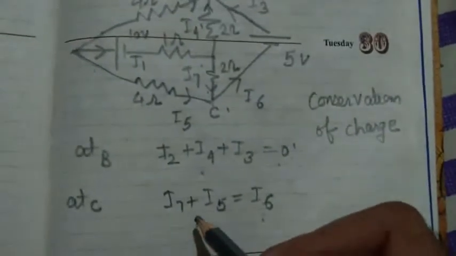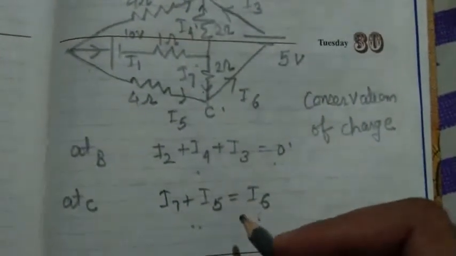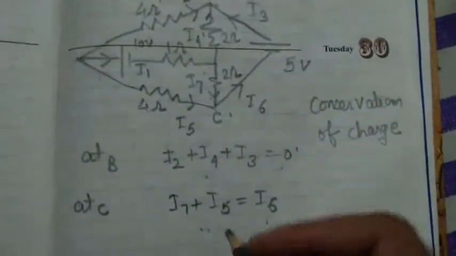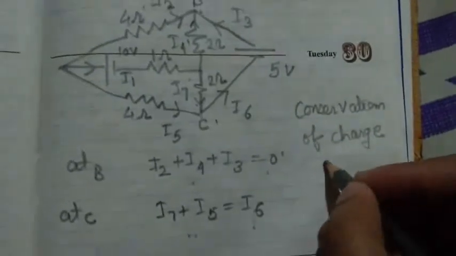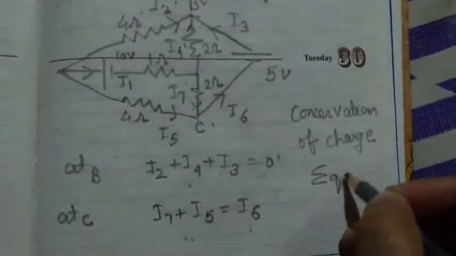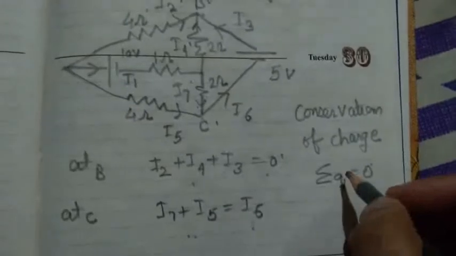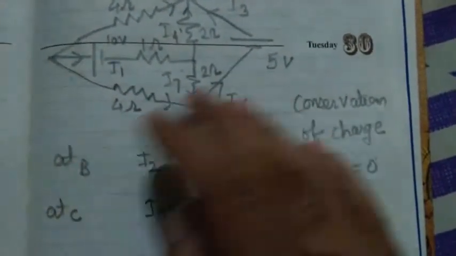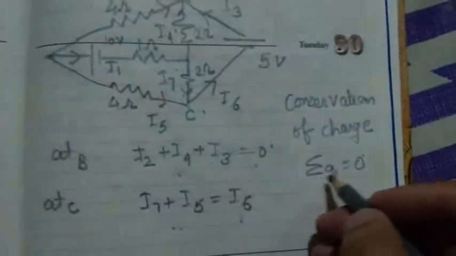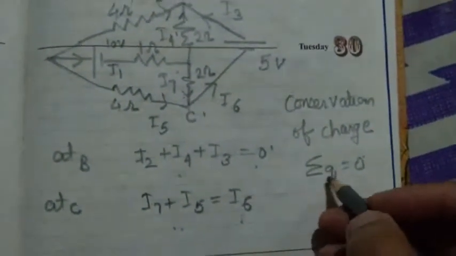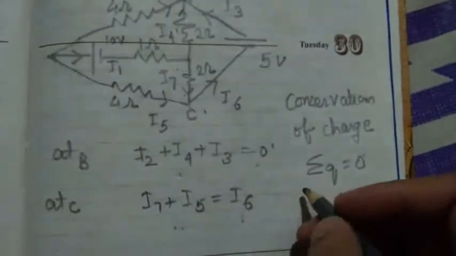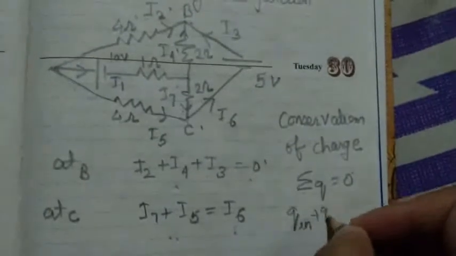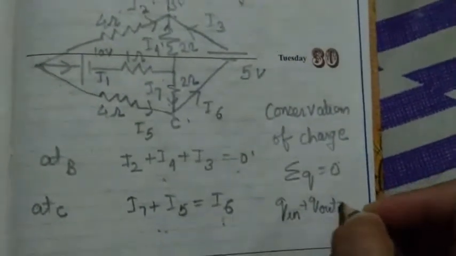The charge that came in is equal to the charge that went out. So the charge is conserved. We can write it like this: sigma q is equal to 0. Whatever came in has also gone out. So we write q in plus q out is equal to 0.